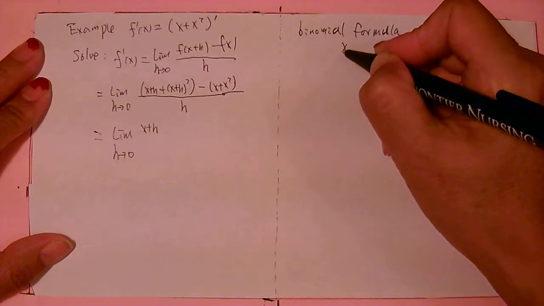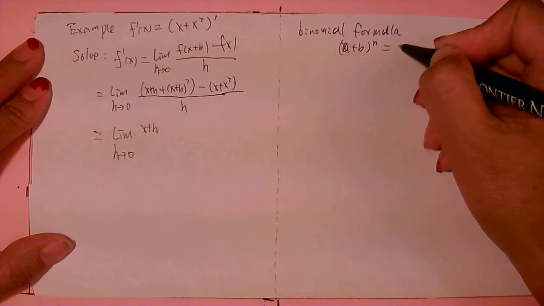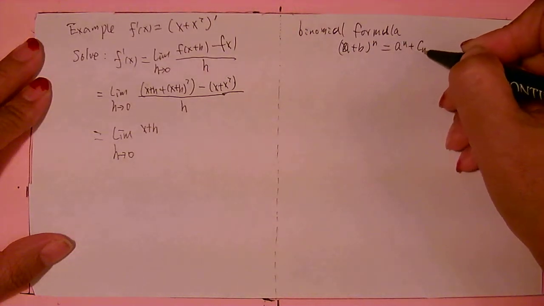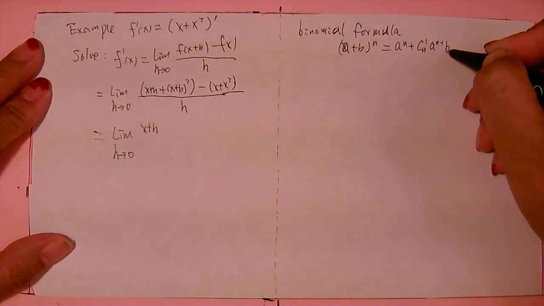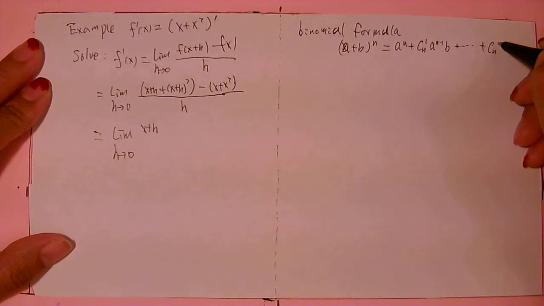This is (a+b)^n equals a^n plus C(n,1) a^(n-1) b, go on until C(n,n) a^0 b^n.